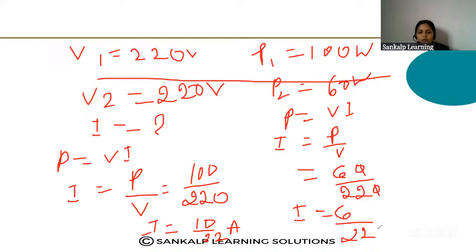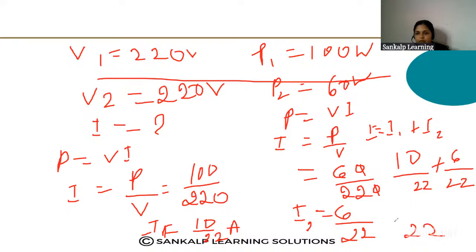Then you have to find out the total current. So that is I1 plus I2. I will take this as I1 and this as I2. So total I is equal to I1 plus I2. I1 is 10 by 22 plus I2, that is 6 by 22.